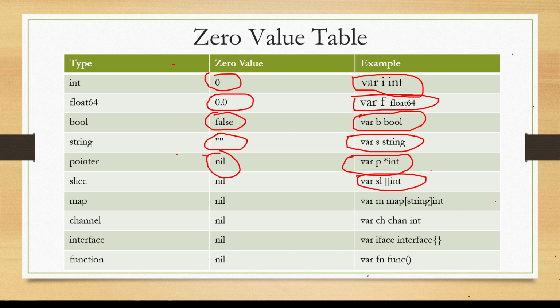Then afterwards, we have m, a map of string to integer. Here a map is like a dictionary where you can store key-value pairs, for example, student names and their marks. Its zero value is nil, which means the map is not created yet.